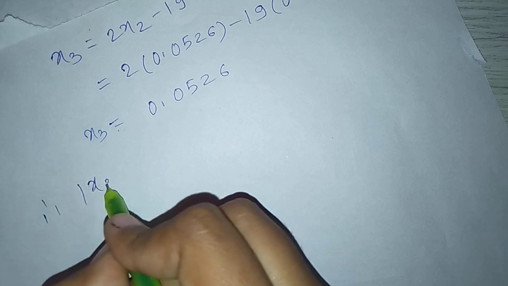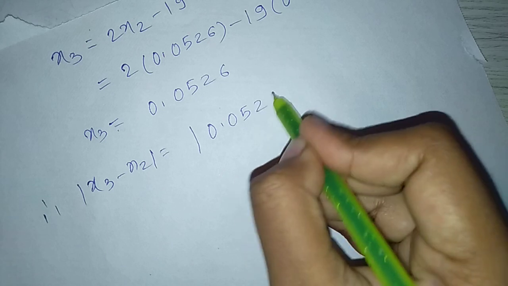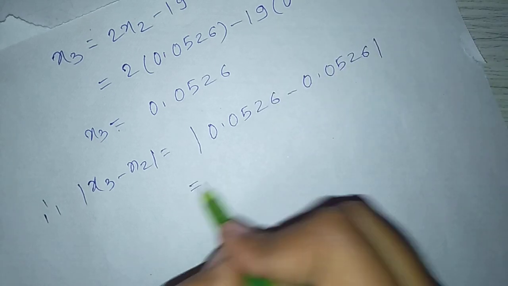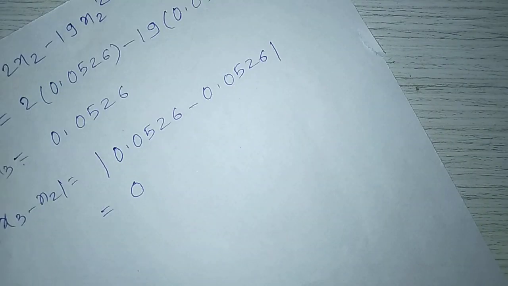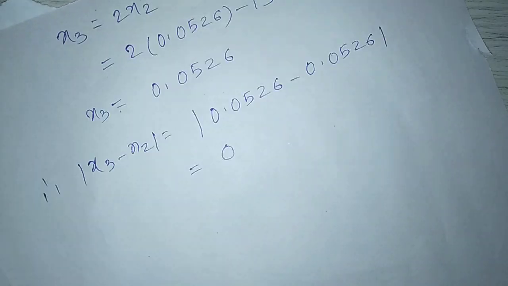Therefore, mod of x3 minus x2 equal to mod of 0.0526 minus 0.0526, which is equal to 0. This means the iterations converge, because when we take the mod of the difference of two roots it tends to 0.